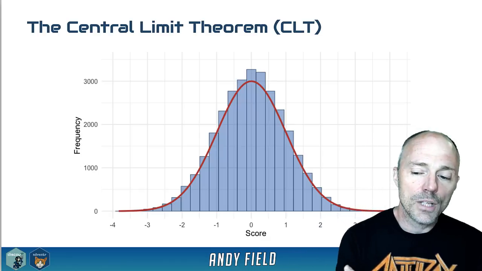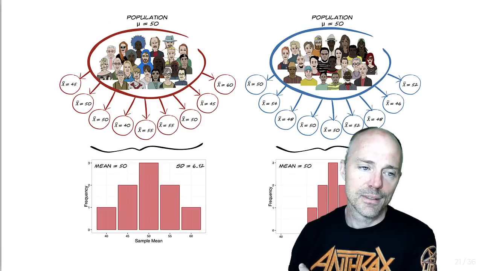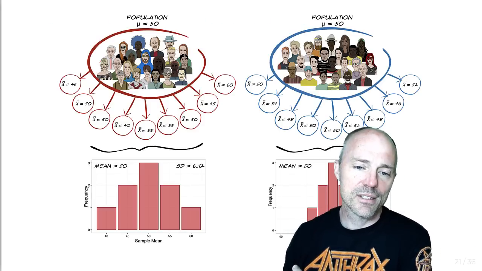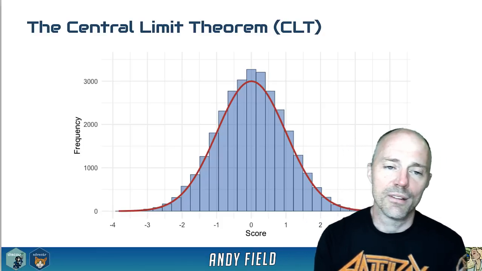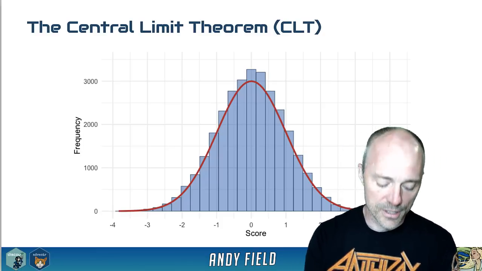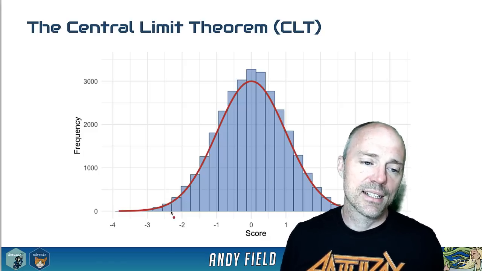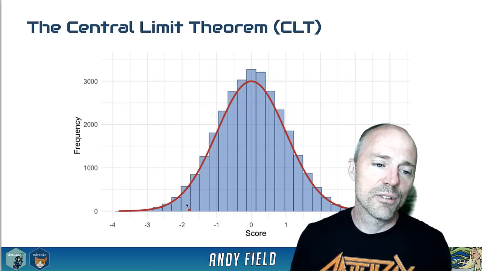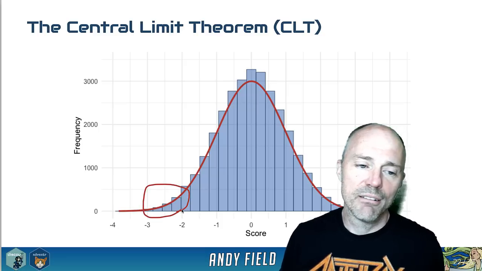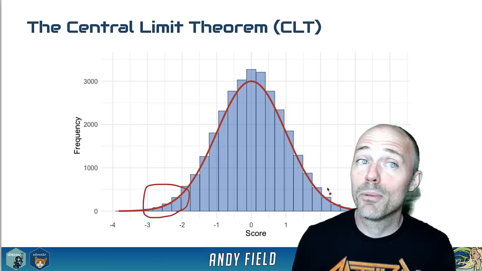Now, one thing to know about sampling distributions is, and in fact this might be obvious from the previous slide, if you look at the previous slides, those distributions look kind of normal, don't they? Just to remind you what a normal distribution looks like, it has a very characteristic shape where at very small scores, the frequency with which those scores occur is very small, and very high scores do not happen very often.